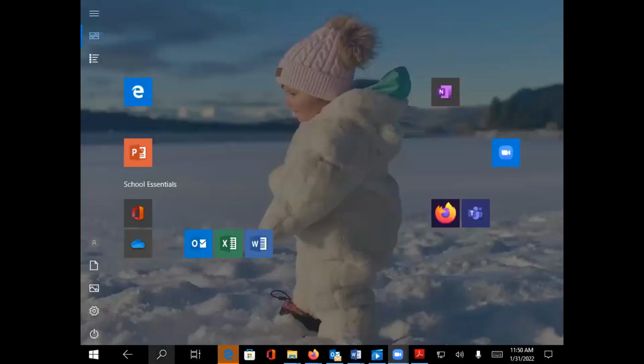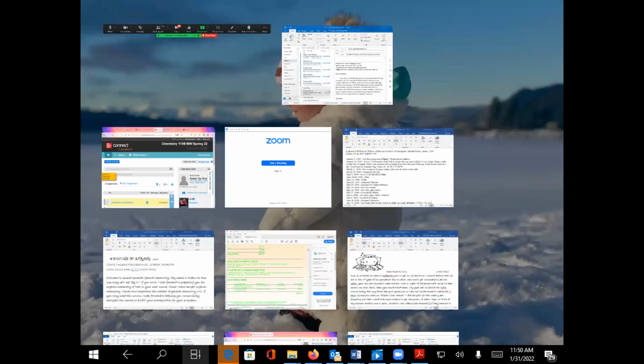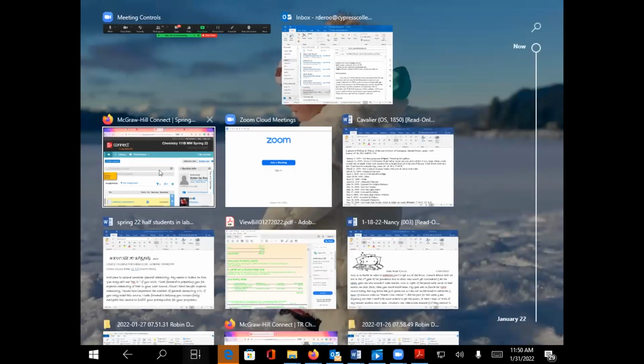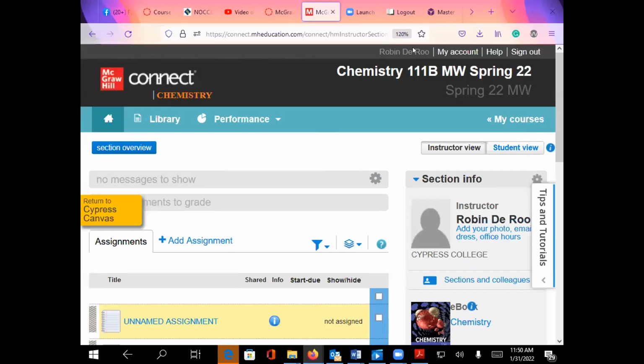So, oopsie. Let me find my... Okay, so let me share my screen. Okay, so everything is in the Canvas course, so you can see what you're doing. So let me go to my Canvas course.